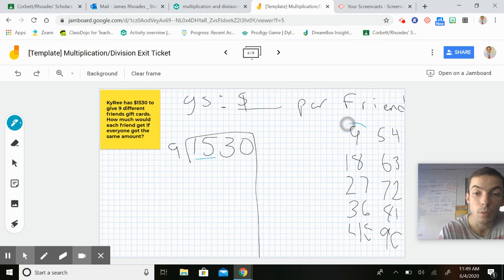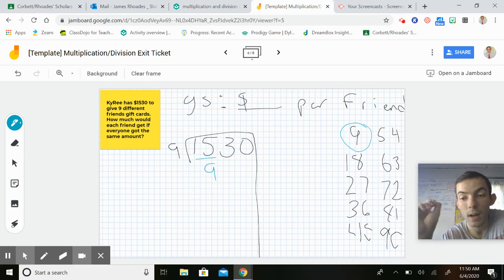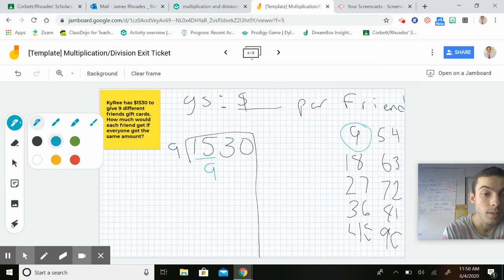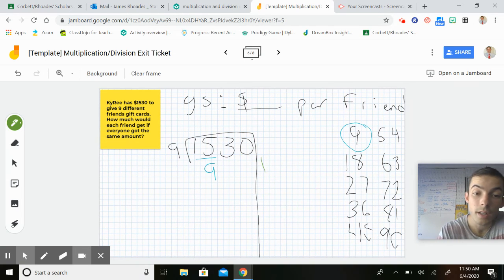So on your list of multiples, you want to circle that 9, and you're going to put it directly below the 15 here. Now, how did you skip count to 9? You had to use 9 times 1. So 1 is going to go on the outside, directly next to this 9, because they are connected through multiplication.